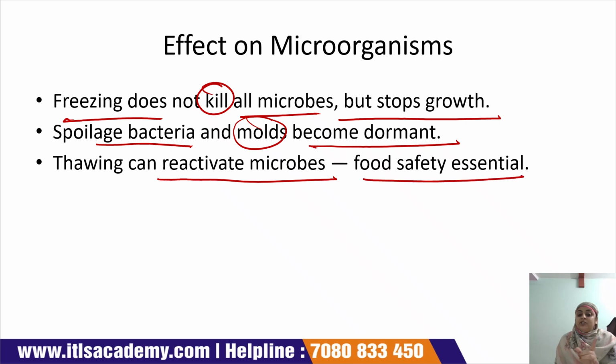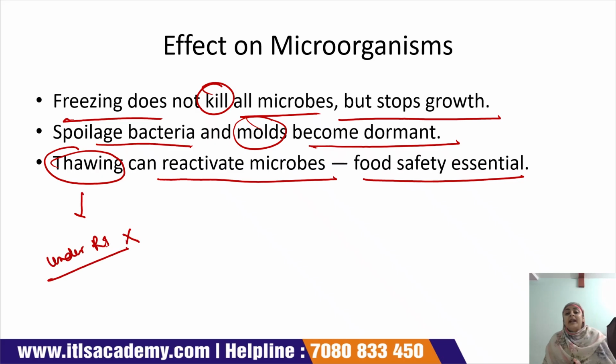Food safety is essential. When you are performing thawing, you cannot perform it at room temperature. It is not acceptable. You can see that in many hotels and restaurants, they thaw their food product at room temperature, especially non-veg food products, which they keep in stored water that is kept at room temperature.